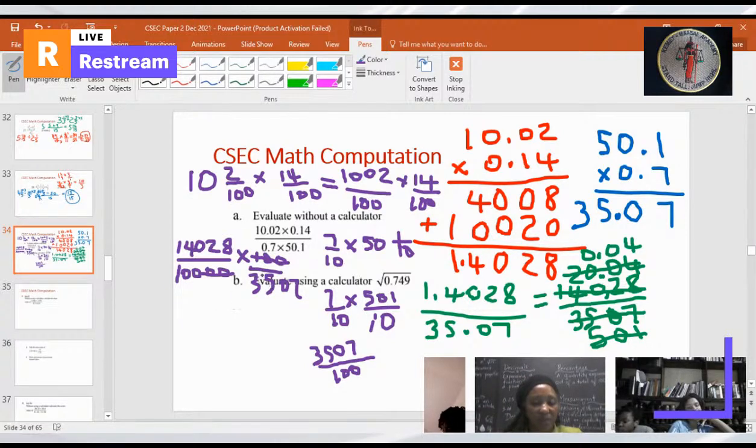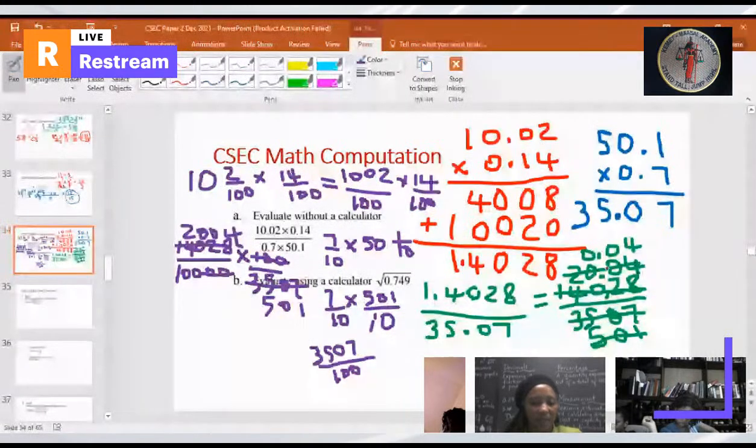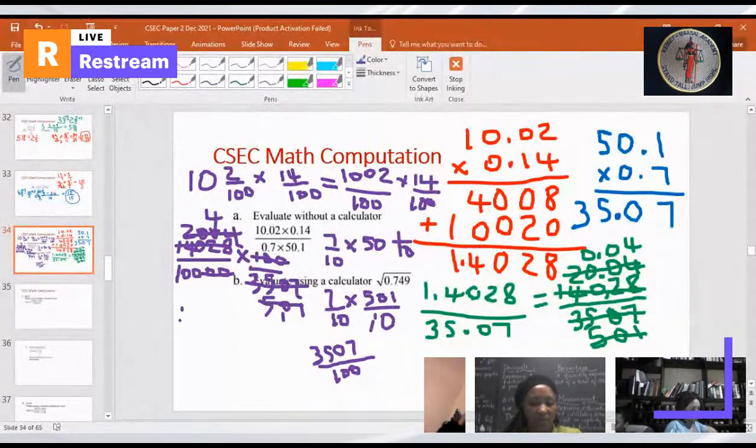Again, we're left with digits that 7 can clearly go into, right? 7 into 3,507 would give the 501, and 7 into 14,028 would give the 2004. So we end up with 4 over 100.